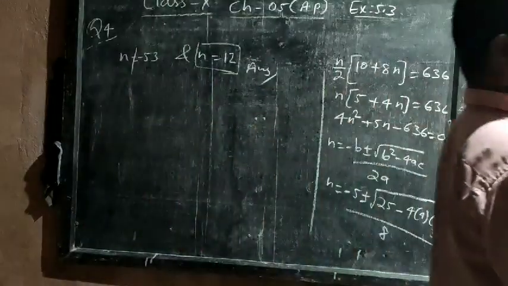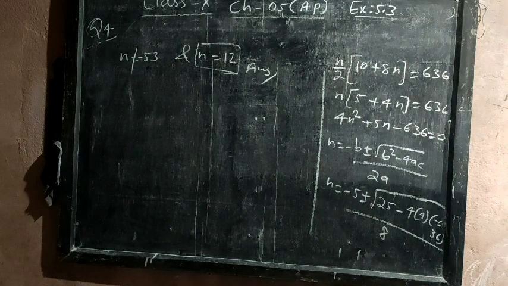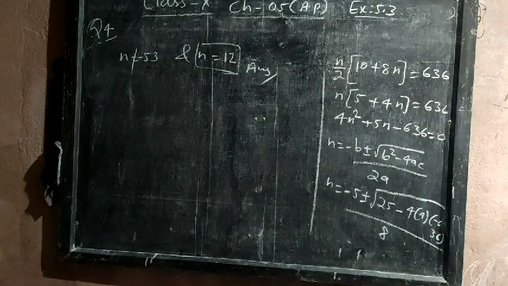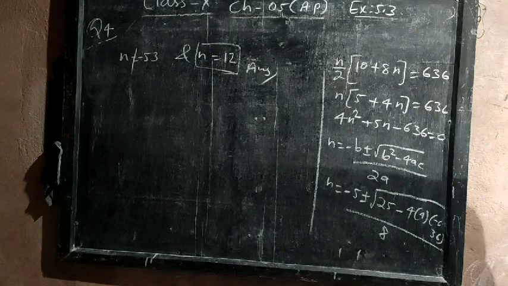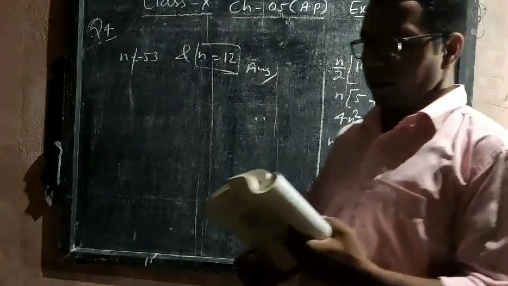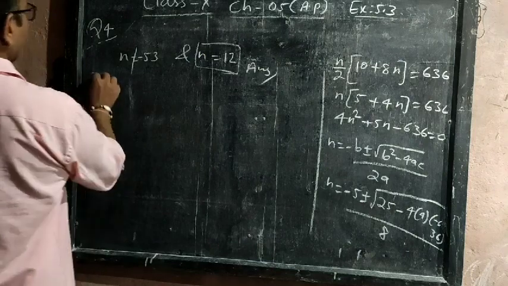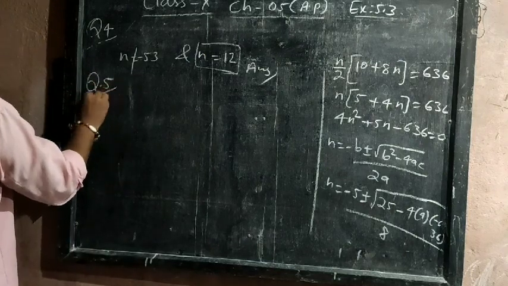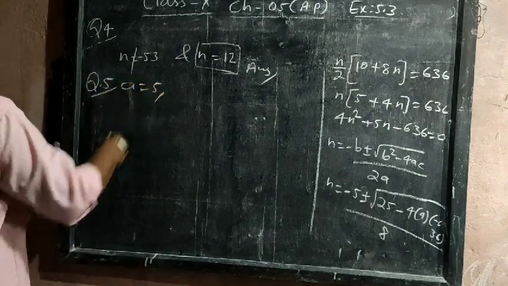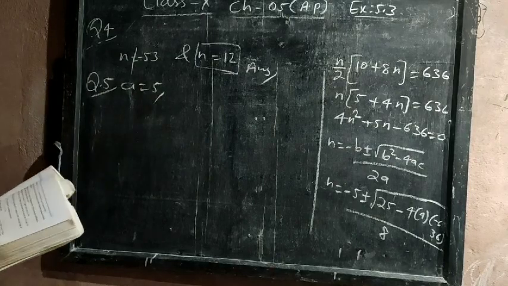So now students, we will proceed to the next question, that is question number 5. Question number 5 says the first term of an AP is 5. That means a is equal to 5. This much is given.